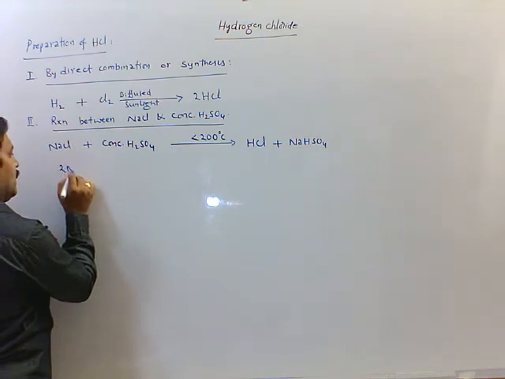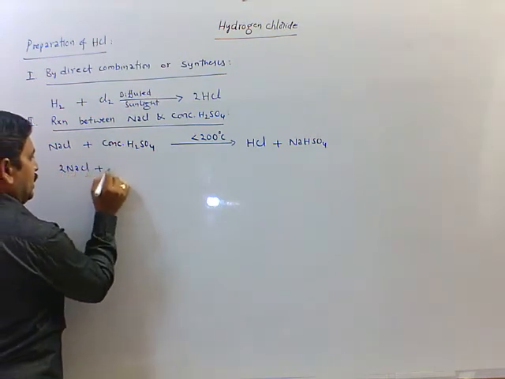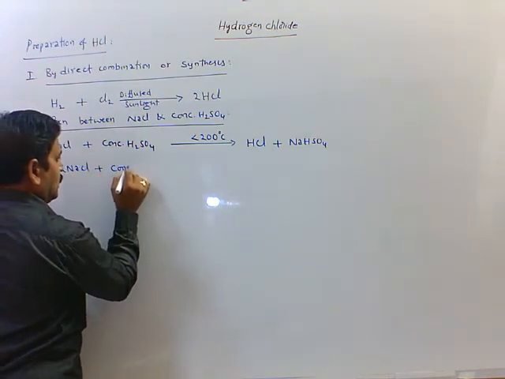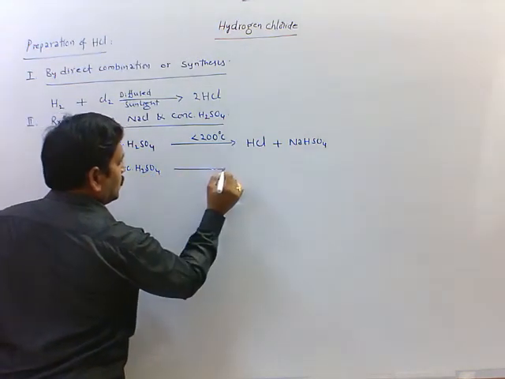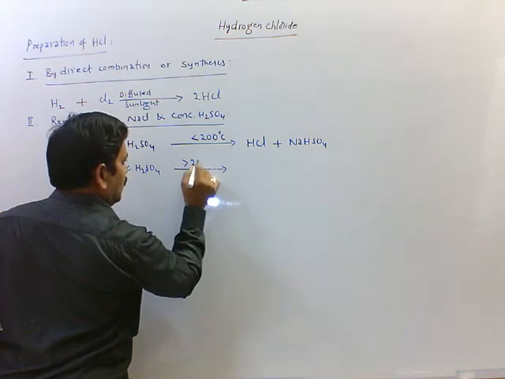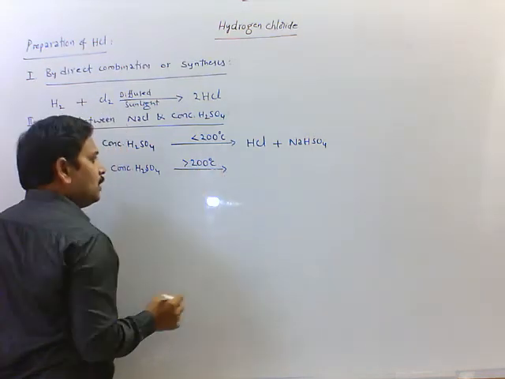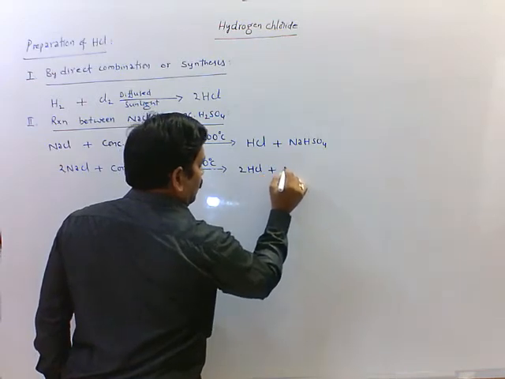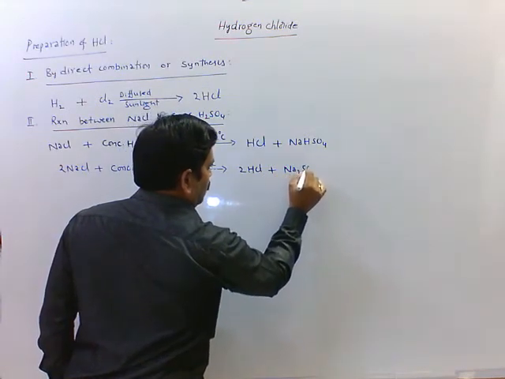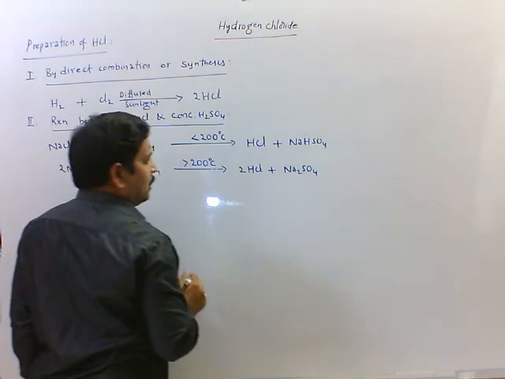So that reaction is 2NaCl plus concentrated H2SO4, temperature greater than 200 degrees Celsius. We get 2 moles of HCl and forming Na2SO4, sodium sulfate.